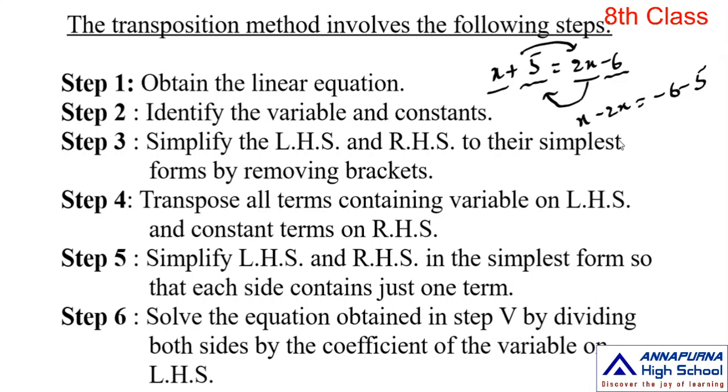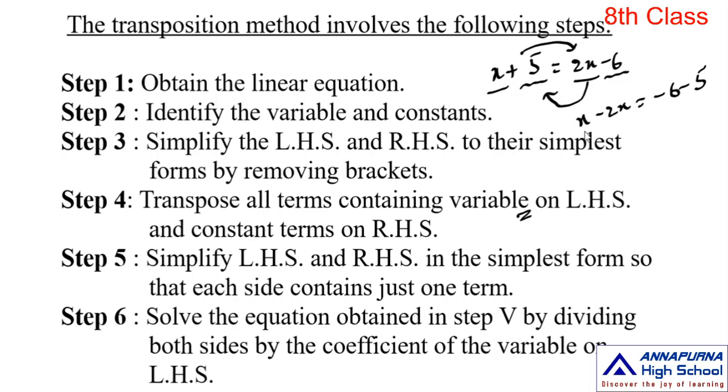Okay, so this is the fourth step: transpose all the terms containing variables to the left side and constant terms to the right side. Here we have only one variable. Next, step 5: simplify LHS and RHS to the simplest form so that each side contains just one term. When you complete step 4, the left side terms and right side terms are like terms.